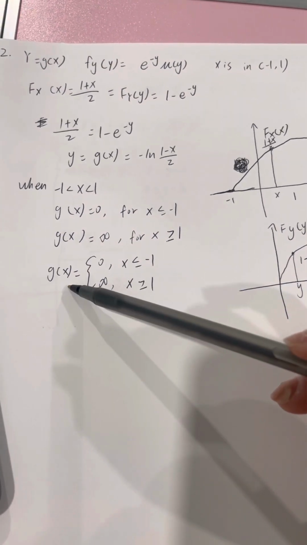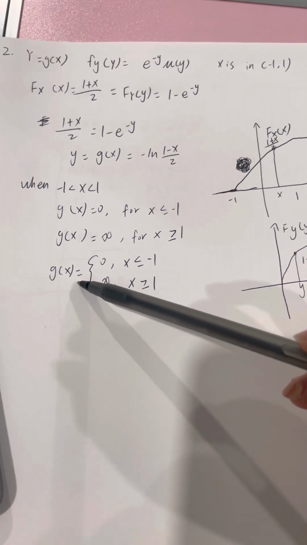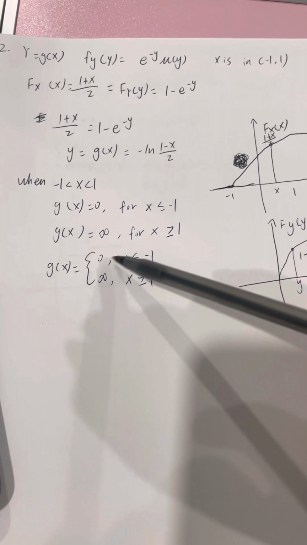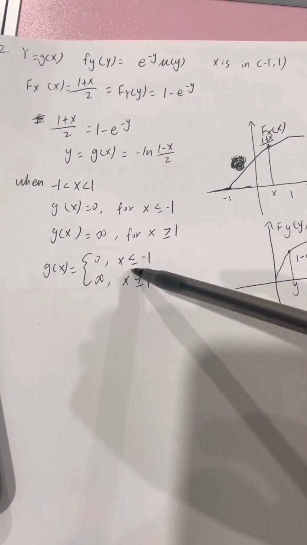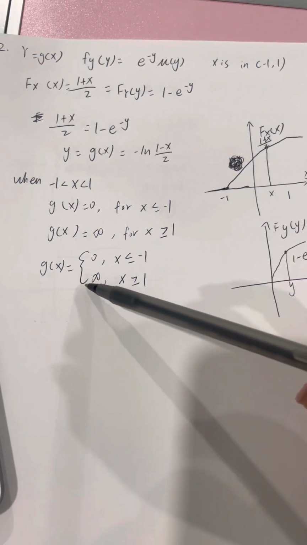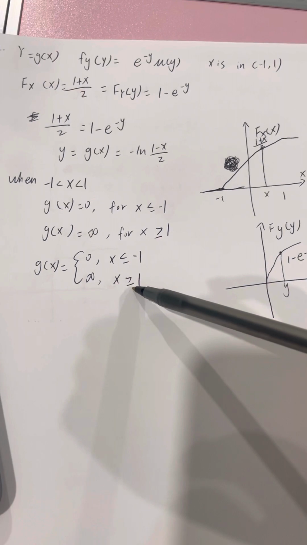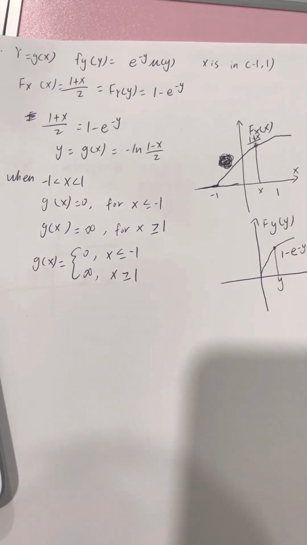So now you get g of x is equal to 0 for x smaller than or equal to negative 1, and g of x is infinity for x greater than or equal to 1.